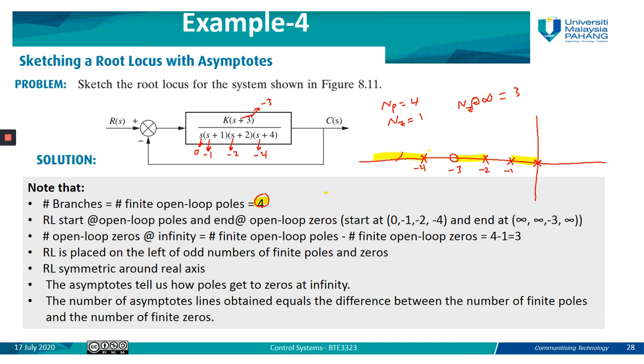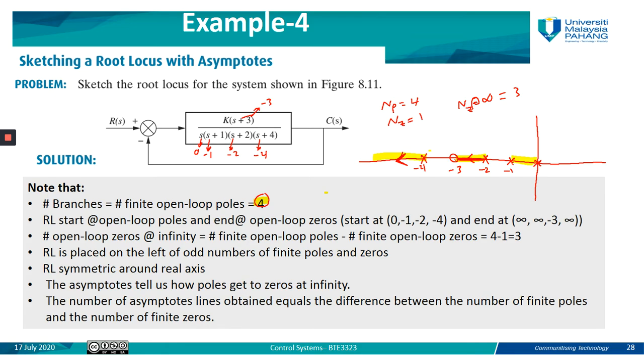So the direction will be in this direction, starting at -4 and going along the axis here. Then the second will start at -2 and go to the zero, which is -3. So this one is complete. This is a complete segment of root locus, drawn between -2 and -3, because it starts at the pole and ends at the zero. Nothing needs to be changed here.